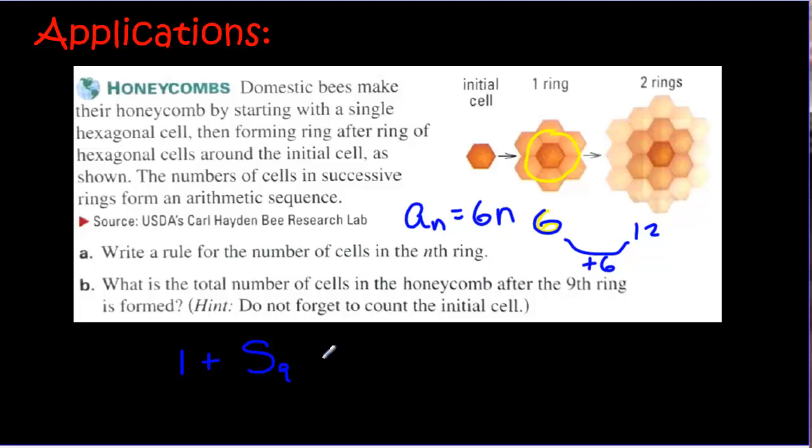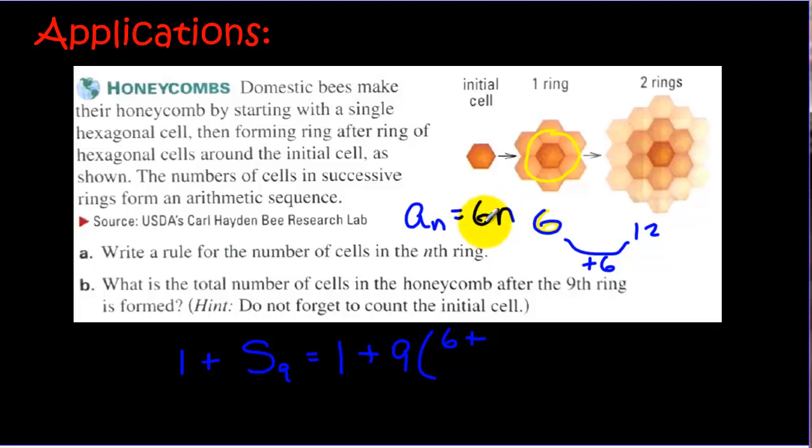And using our formula for S sub 9, now this is an arithmetic sequence because we're adding. Remember, it was n, which in this case is 9, times a sub 1, which is 6, plus a sub 9.